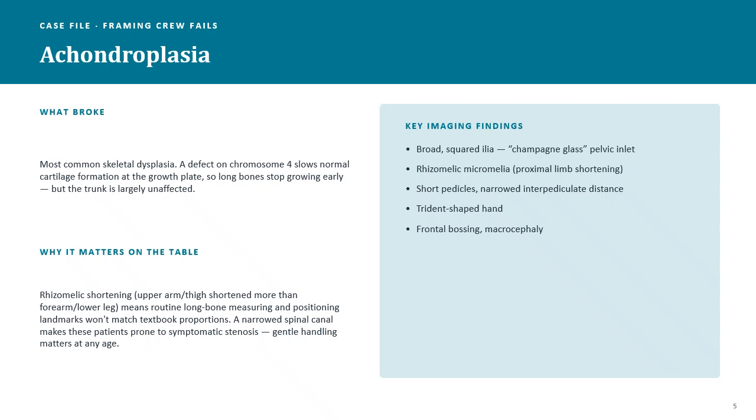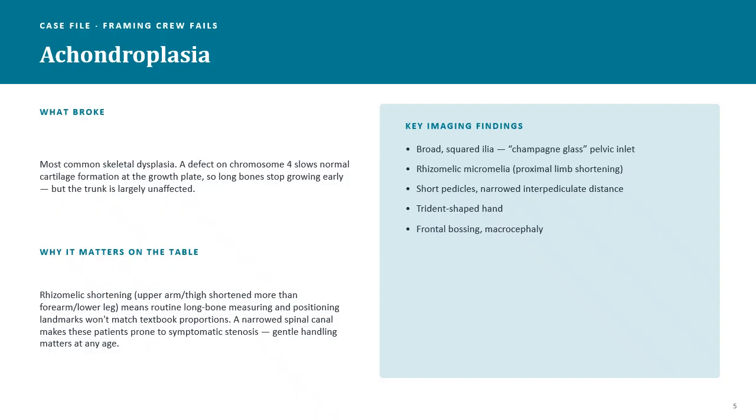Because the process is slowed, the long bones don't achieve that normal length. And even though the trunk is going to be relatively preserved, that's going to create disproportionate short stature.